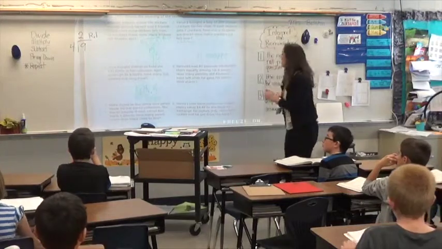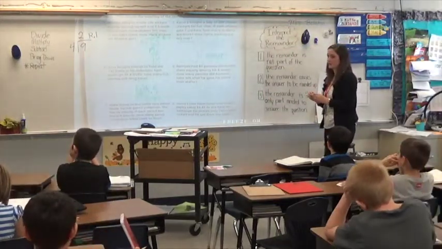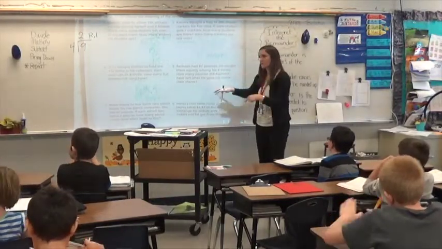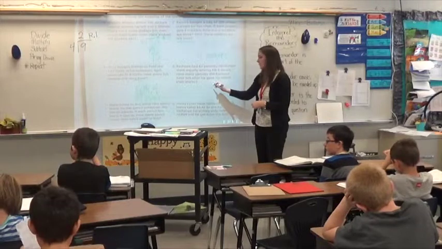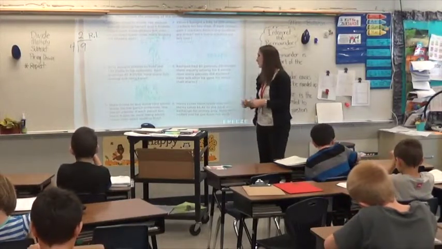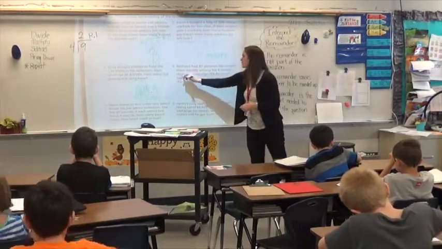All right. Let's look at number 4. This is the last one we're going to look at right now. What did we get for number 4, Ethan? What was your number? 21 remainder 3. Yes. Okay. We're asking, what is our question that we're asking?